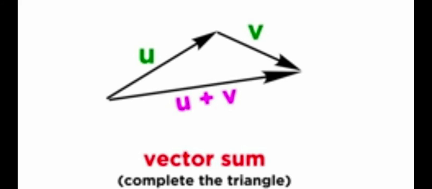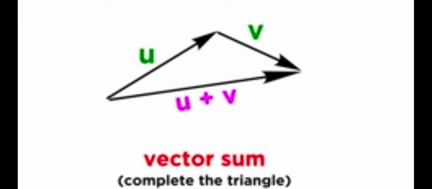In this video, we will learn about vector addition. If we have vector U and vector V and we place them head to tail, with V starting where U ends, being very careful not to alter the direction of either vector, then the sum of those vectors, U plus V, will simply go from the start of U to the end of V, forming a triangle like so.